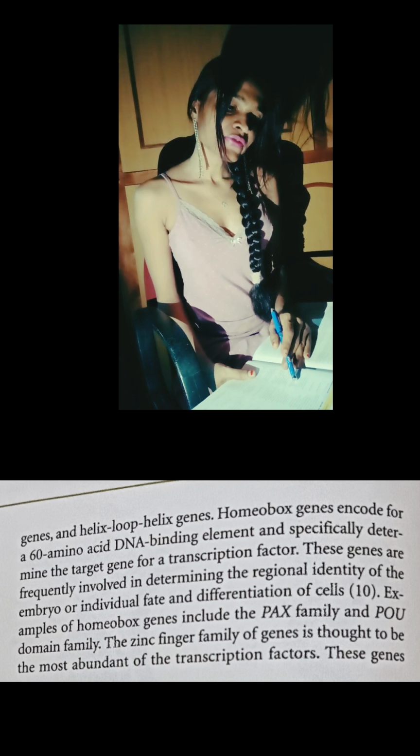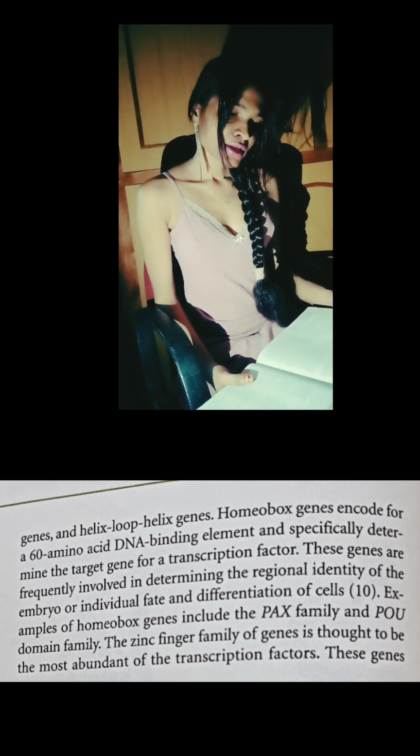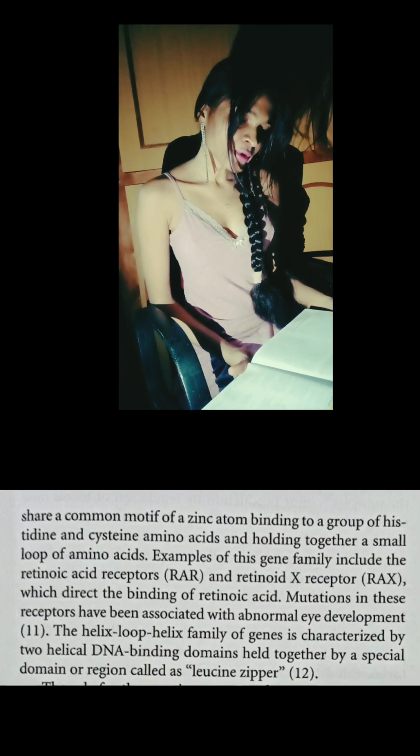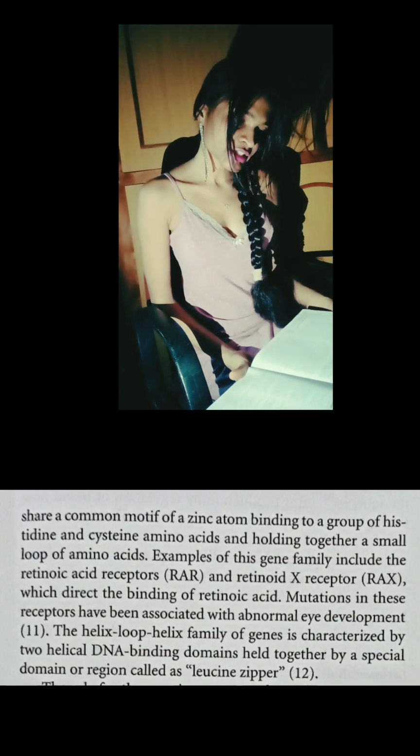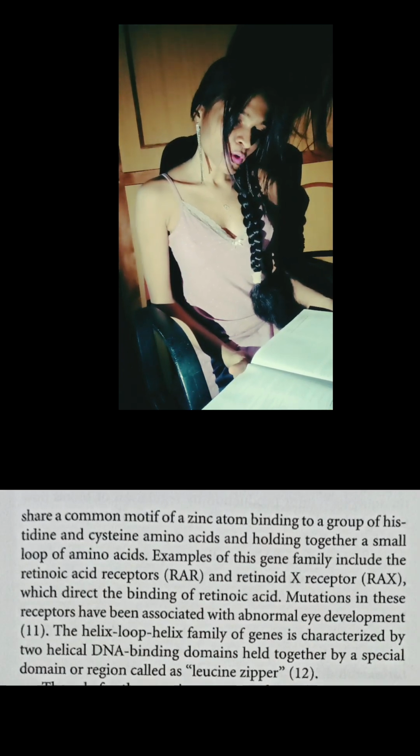The zinc finger family of genes is thought to be the most abundant of the transcription factors. These genes share a common motif of a zinc atom binding to a group of histidine and cysteine amino acids and holding together a small loop of amino acids.